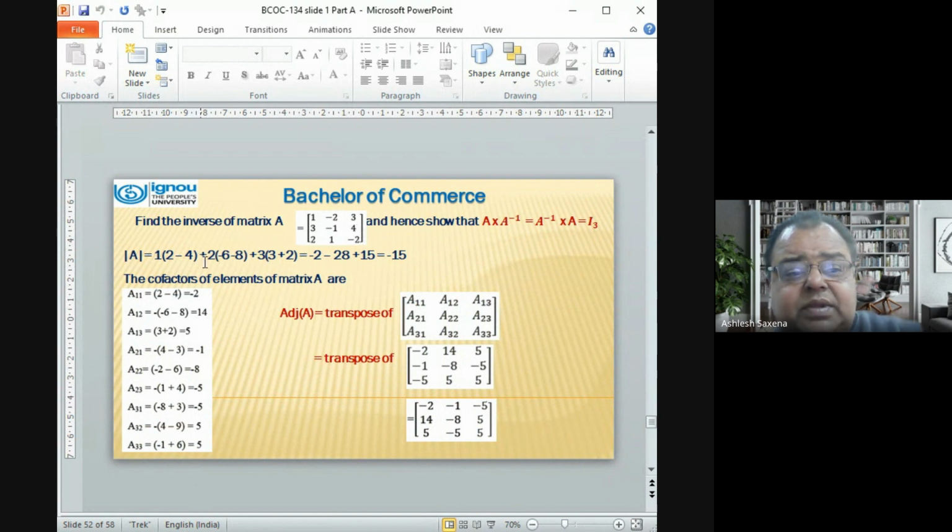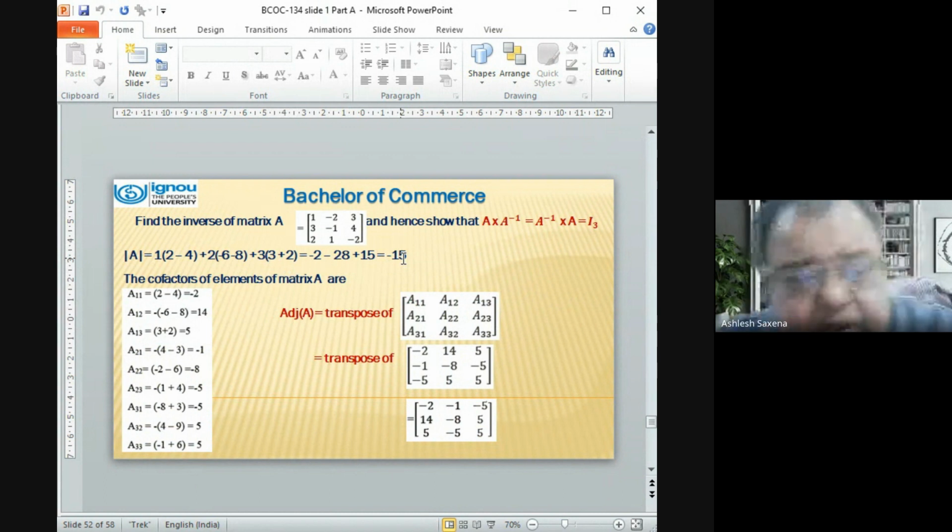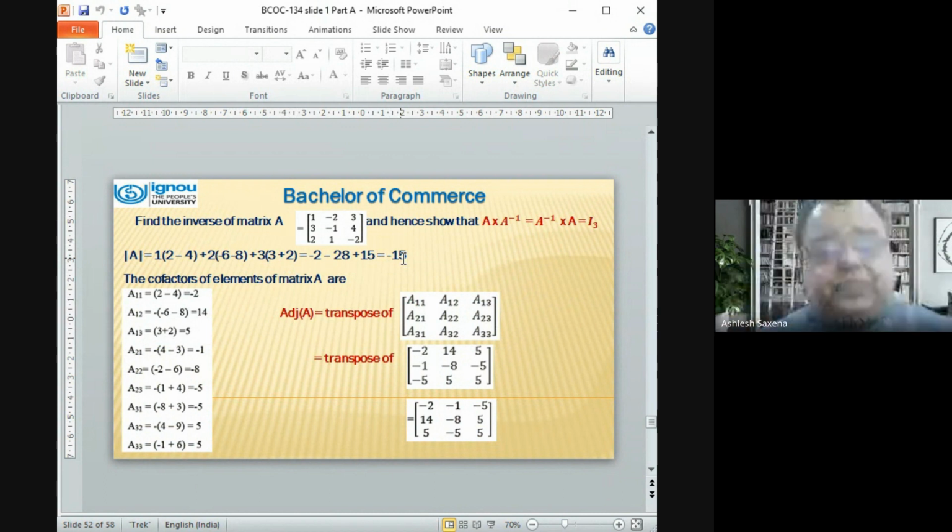The third one is plus 3 into, remove this, multiply 3 into 1, minus, since this is minus, it will be plus 1 into 2, that will be 3 plus 2. Now you are left with minus 15. Minus 15 is not 0. Therefore, A inverse exists.